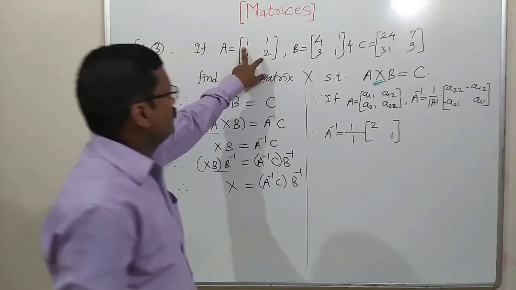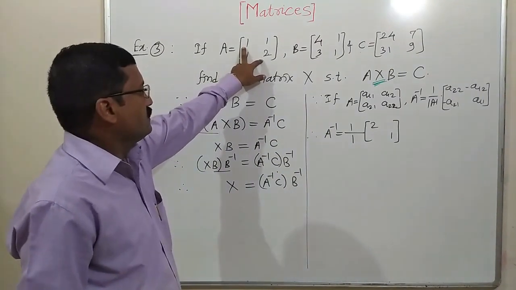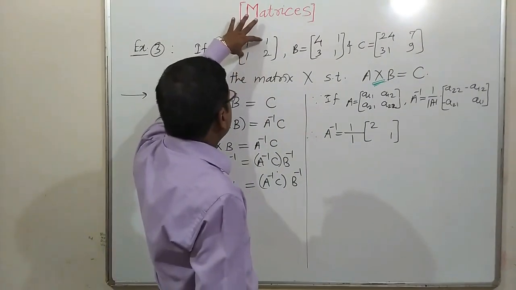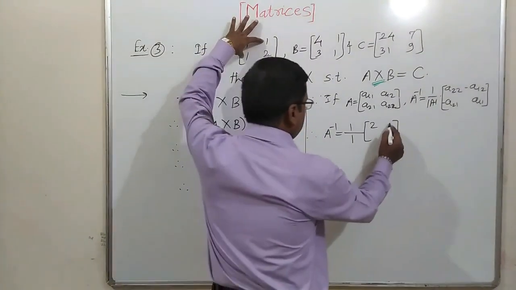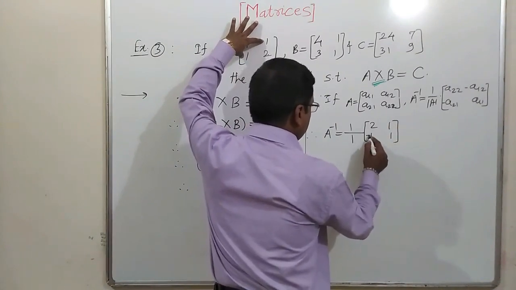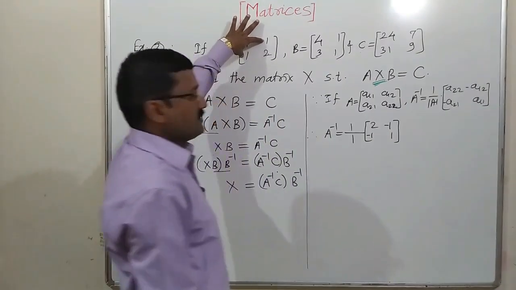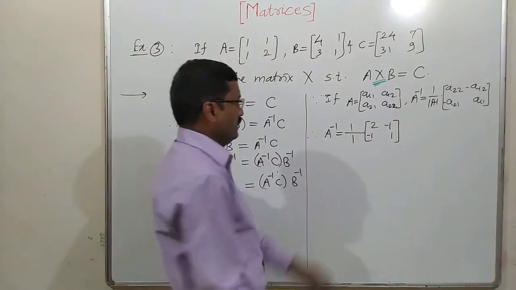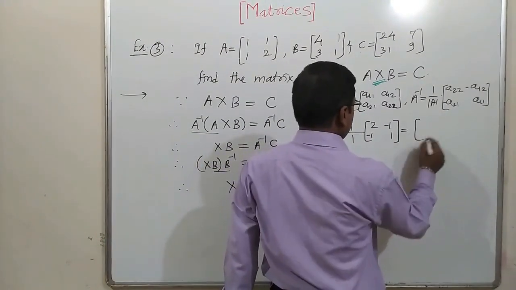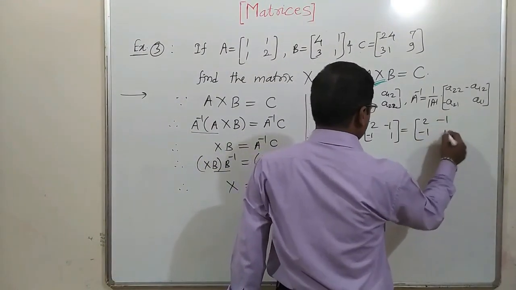Remember in this way also: interchange the diagonal elements, and write the other elements as they are with negative sign. Don't change their positions, change only their signs. So we get A inverse equal to 2 minus 1 minus 1 1.